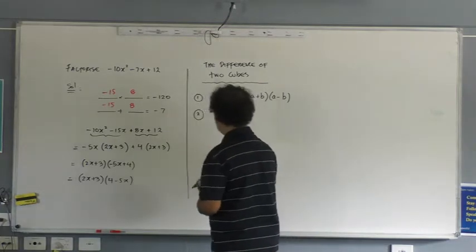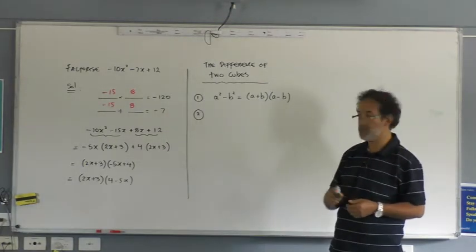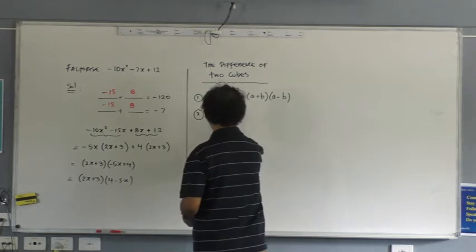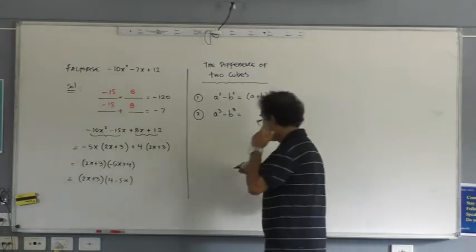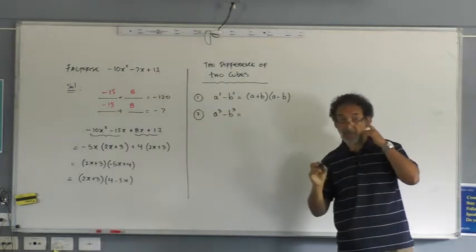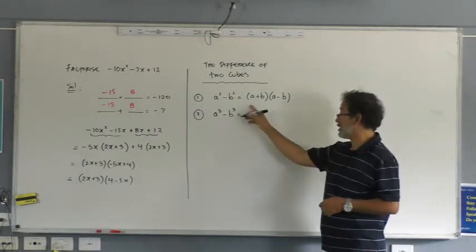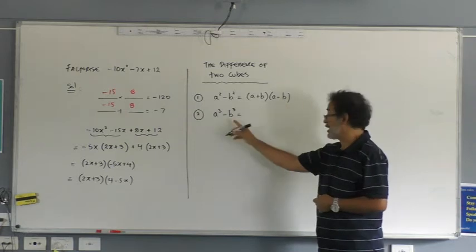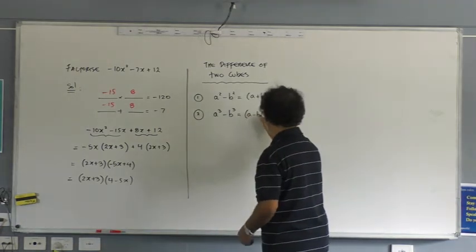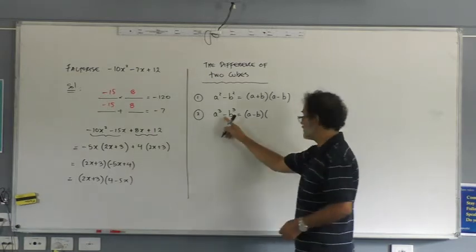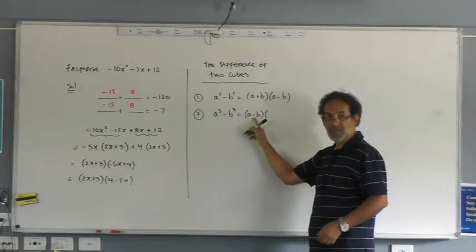But then we can easily prove that if you have a cubed minus b cubed, then the answer is going to be, now you got to pay attention because it's not going to be like this. Okay, so the factorization for this is a minus b. Okay, so if this is minus, then in here you're going to have minus.